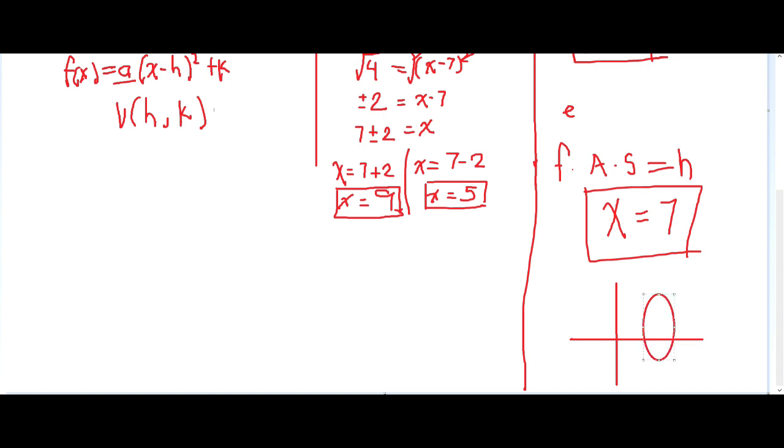Ganyan yung parabola. Siyempre may arrow dyan. Ang axis of symmetry, yung line lang sa gitna. Actually, hahatiin mo lang siya sa gitna. Yun lang naman yung axis of symmetry. Where x is equal to 7.